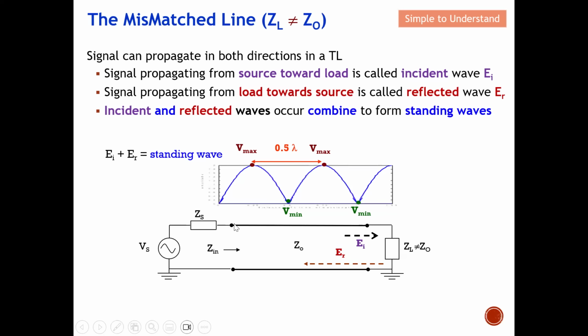So in short, when the waveform propagates along the transmission line, there is a mismatch between the characteristic impedance of the transmission line and the load, and therefore some signal will be reflected back.